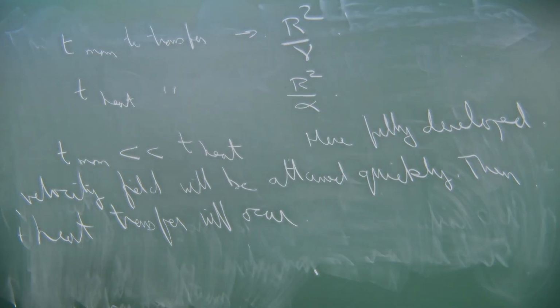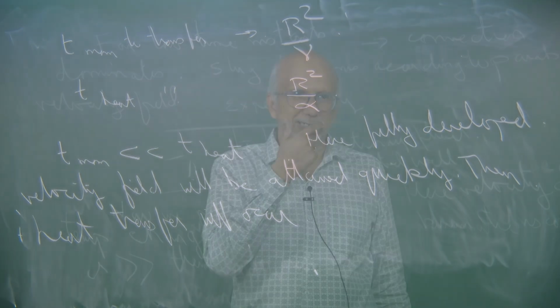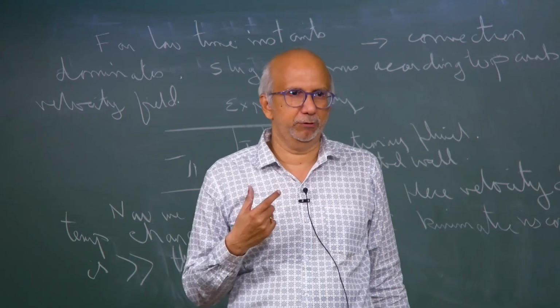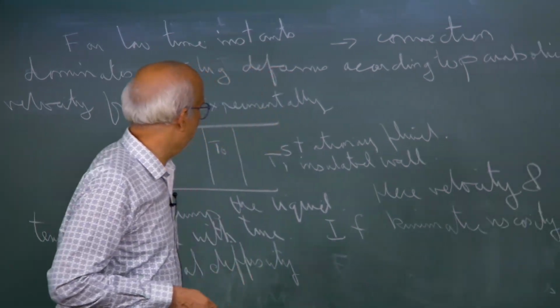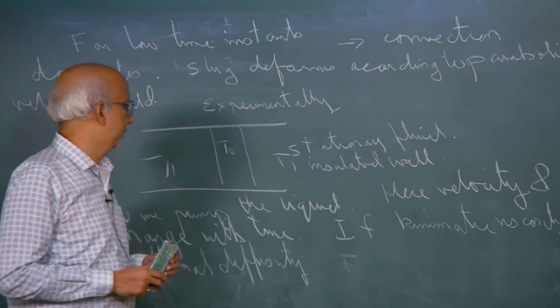Okay. So, the assumption of having a fully developed velocity field and the slug can be experimentally realized, because diffusion coefficients are much smaller for heat and species.